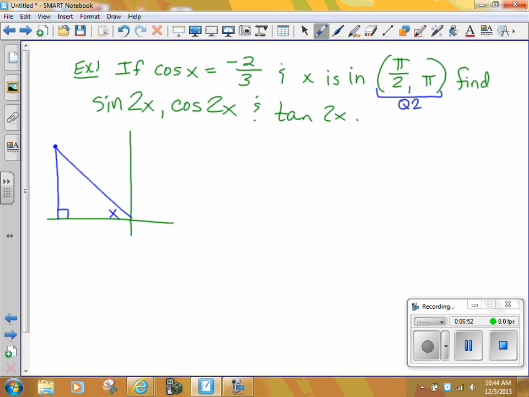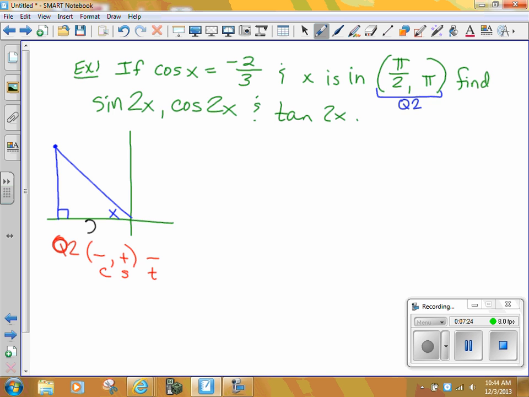Now, cosine is negative 2/3, second quadrant. What are the signs in the second quadrant? That's important. Cosine negative, sine positive, tangent negative. That's going to be helpful to me at some point. How do I label my triangle? Adjacent over hypotenuse, which is negative 2/3. My adjacent side is negative 2. Why is it just 2?